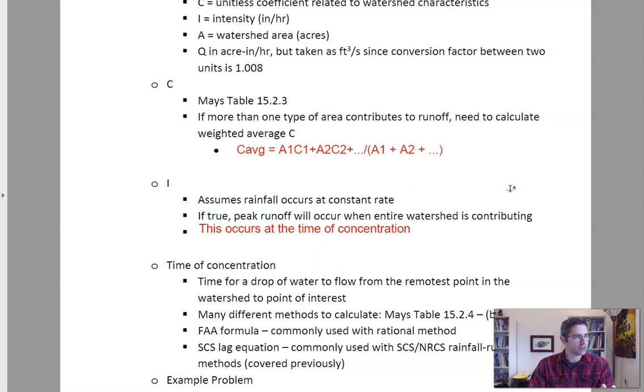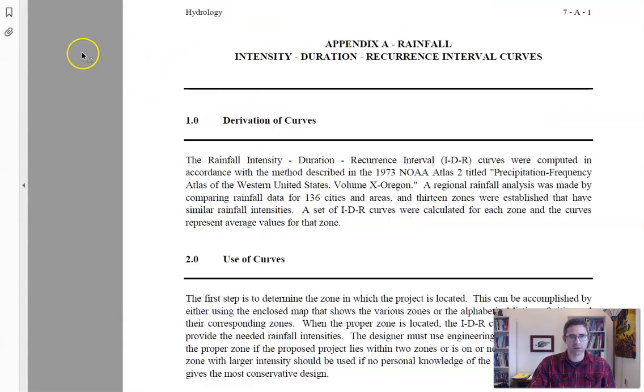I'm going to show you just one resource. In your homework, it directs you to this. But in Oregon, let's find it a second. Hang on. Okay, so in Oregon, we can look up the ODOT Hydraulics Manual, Chapter 7, Appendix A. If you Google that, you'll find this PDF.